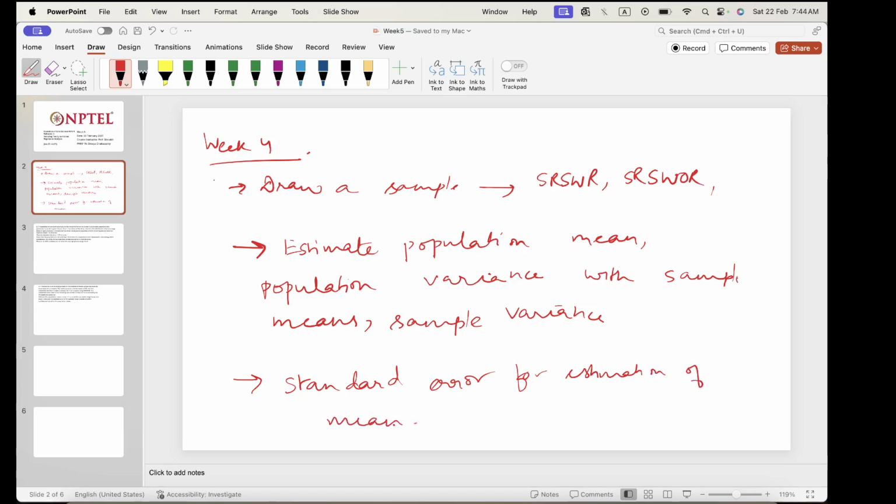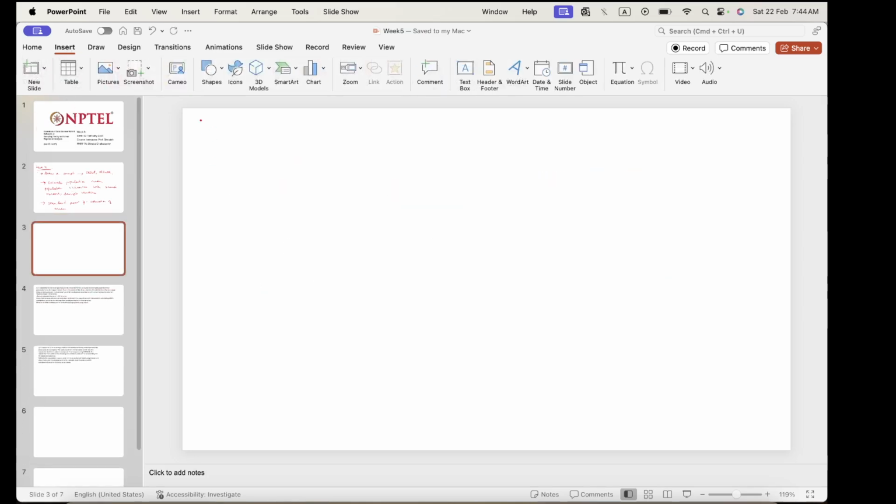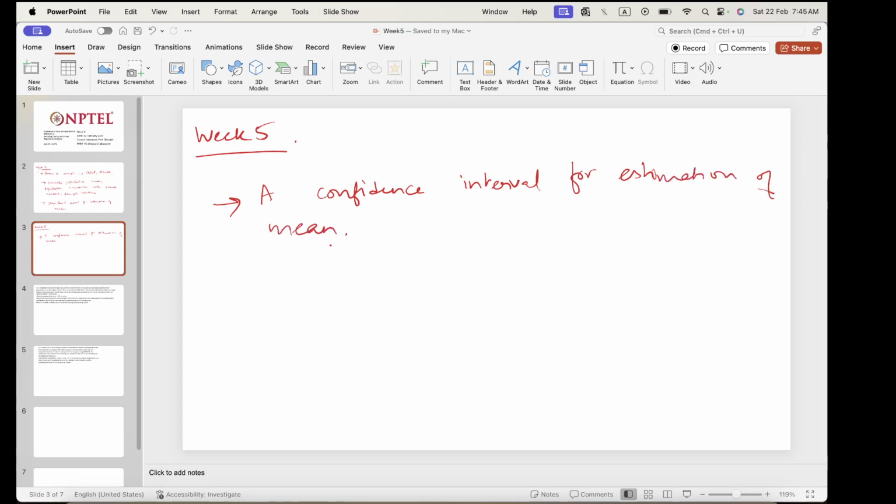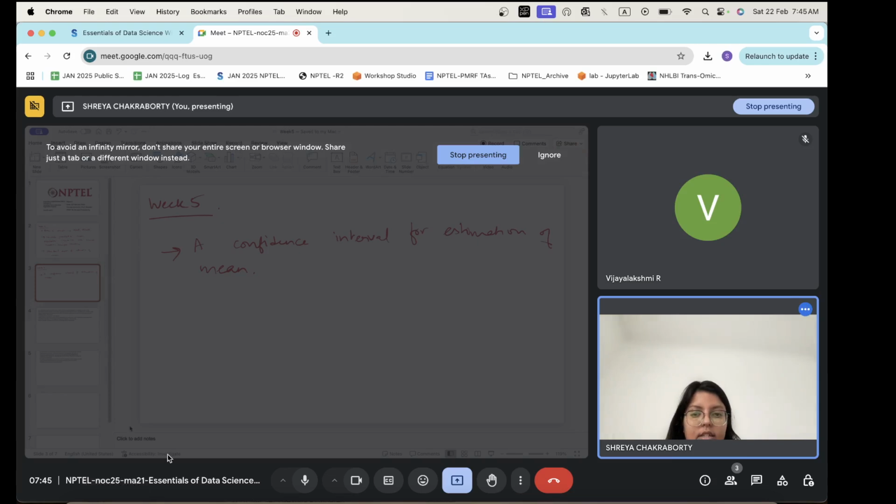Briefly, in week 5, we are mostly going to cover how we have a confidence interval for estimation of mean, and we would definitely need all the quantities that we discussed in the previous session.